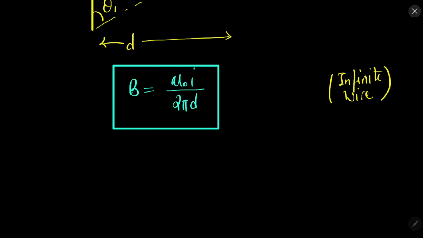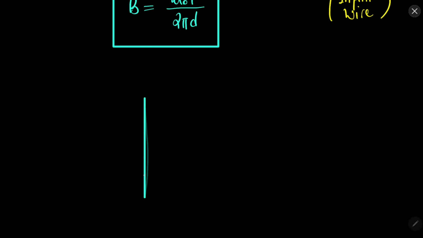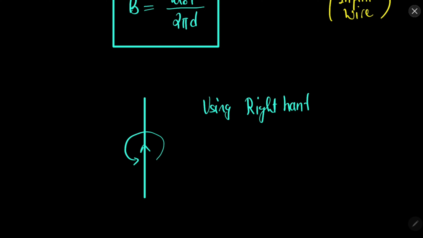And if you want to find the direction of magnetic field or the direction of current, so let's say this is our wire, current is like this, you can use the right hand rule. By the use of right hand rule you can find the direction of the magnetic field around the wire. Using the right hand thumb rule you can find the direction.